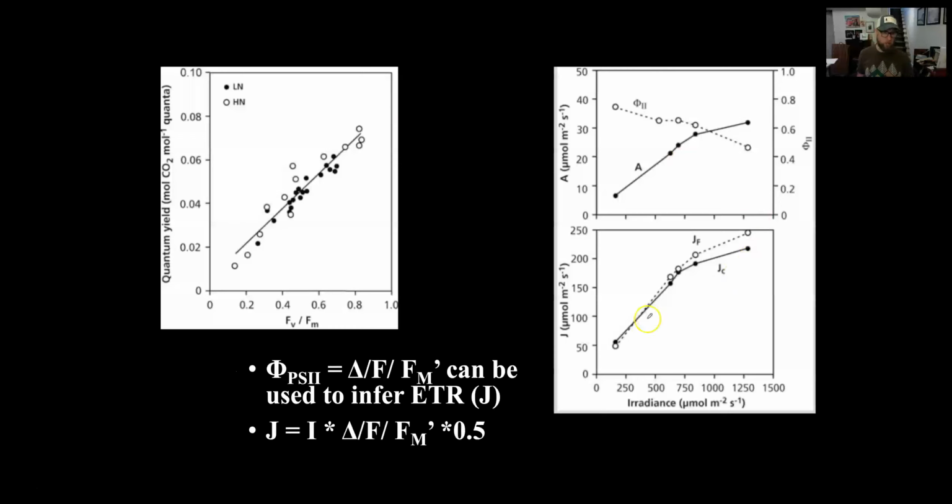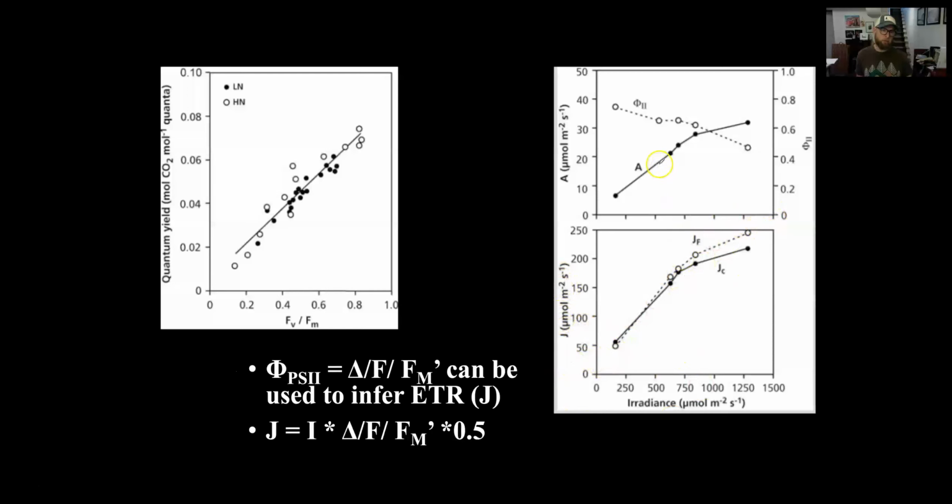Another way we can use it, as I mentioned, is to get the electron transport rate. Ignore these exact equations, they're a tiny bit different than the ones I showed you before. You can see in these two curves, on the x-axis we have irradiance. So this is much like a light response curve, but instead of photosynthesis on this bottom panel, we're measuring electron transport rate.